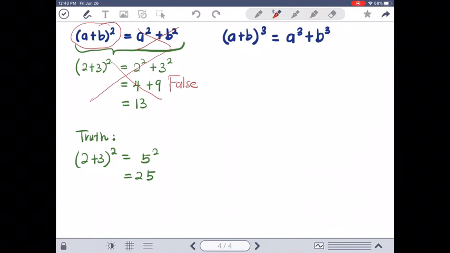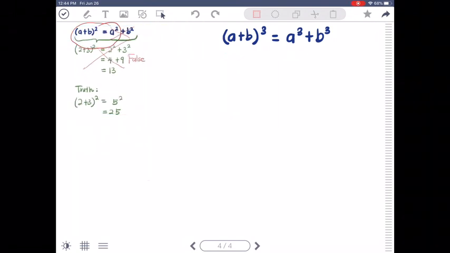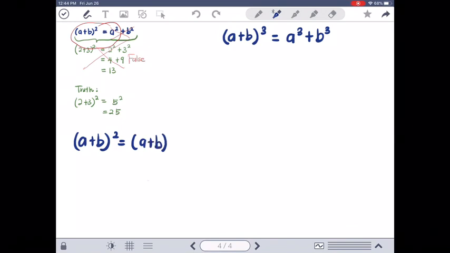What you need to do instead, you need to expand it individually. Means that, for example, say we have A plus B squared. A plus B squared is just equals to A plus B multiply with A plus B. So expand this manually, you should get A times A plus B with A plus B. Just do the normal expansion.